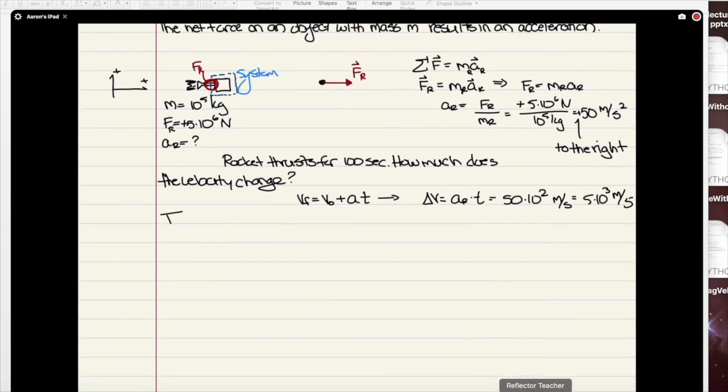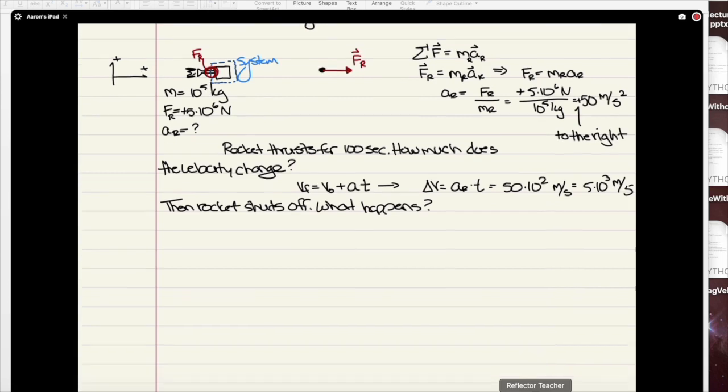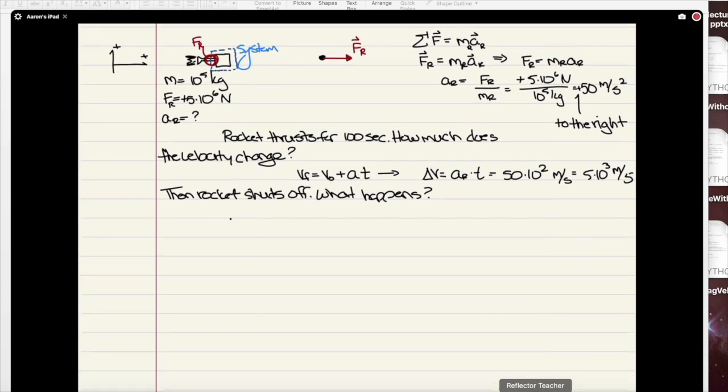Suppose then the rocket shuts off. What happens? In this case, I could go back and think again of what that free body diagram looks like. In this case, I have the rocket. That's it.